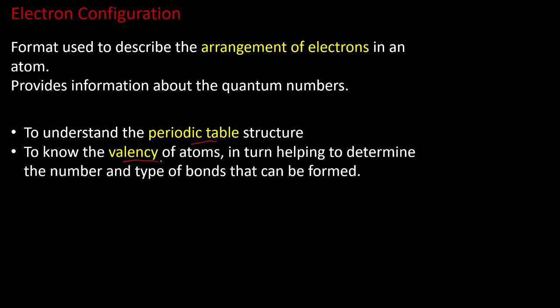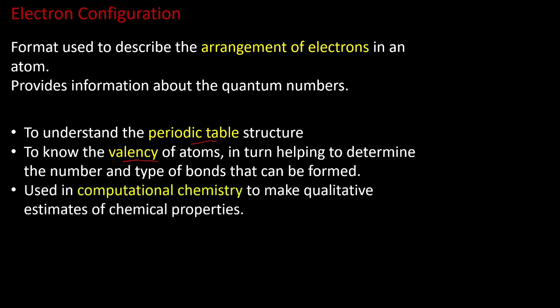Knowing the number of core electrons and the number of valence electrons is very important to know more about an atom. For example, if I want to know about ionization energy, it is very important to know about the valence electrons and also the number of core electrons an atom has. It is also very helpful in computational chemistry because this helps us to qualitatively estimate the chemical properties of an atom.